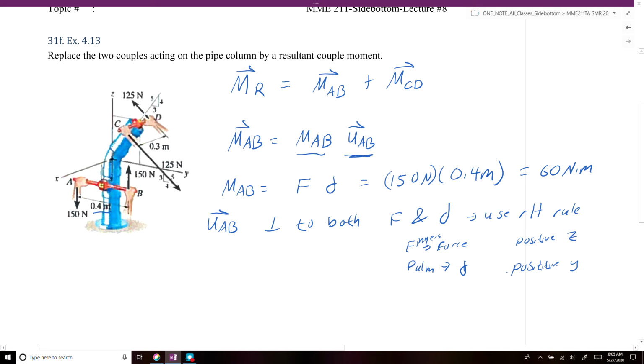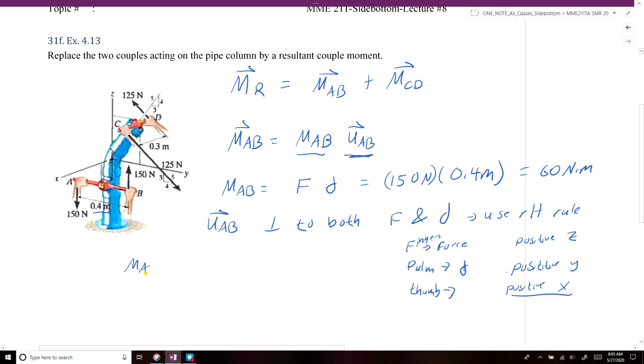That would cause our thumb, using the right hand rule, to go along the positive x-axis.